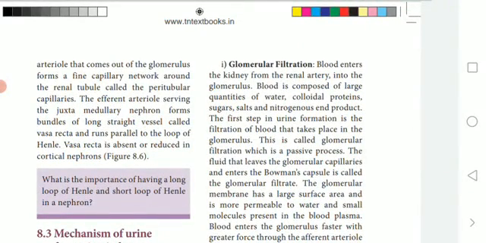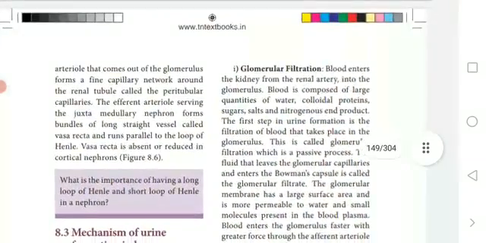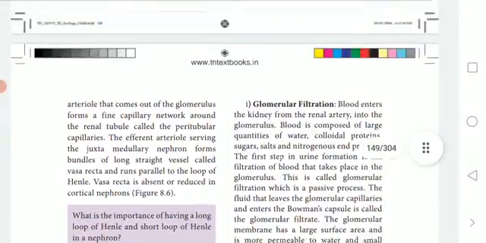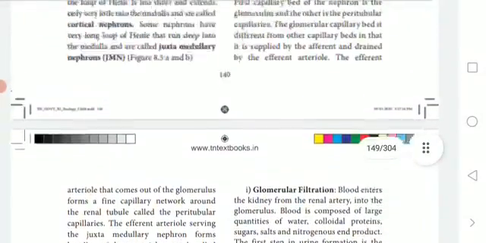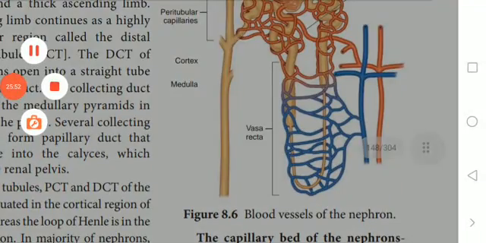I'll show you, just see one diagram. If it is there, I can explain it to you easily. Here, this is the countercurrent mechanism. What do they say here?